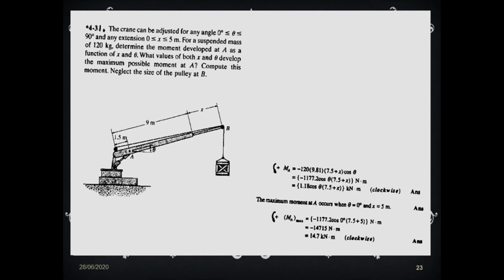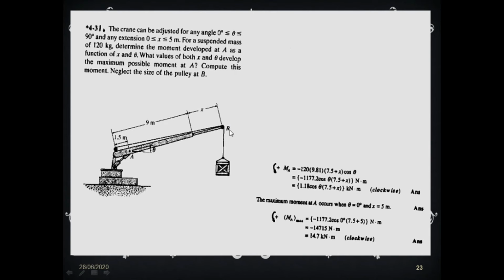Then we need a perpendicular distance. The perpendicular distance will not be along the length from B to A, because that will be at some angle. We want it at 90.